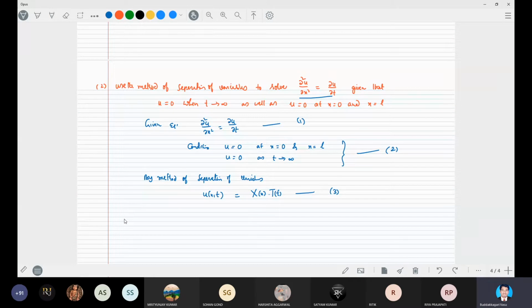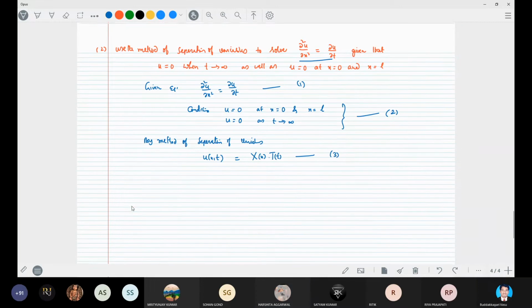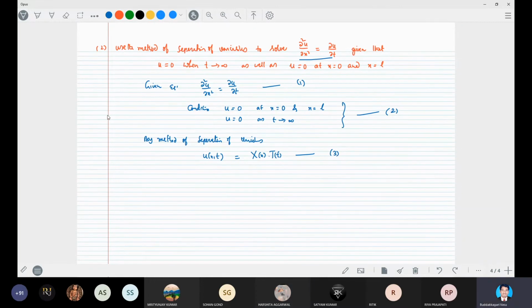What are the three possible solutions? Put 1 in place of k square. As in the earlier solution process, all the possible solutions are given by number 1.